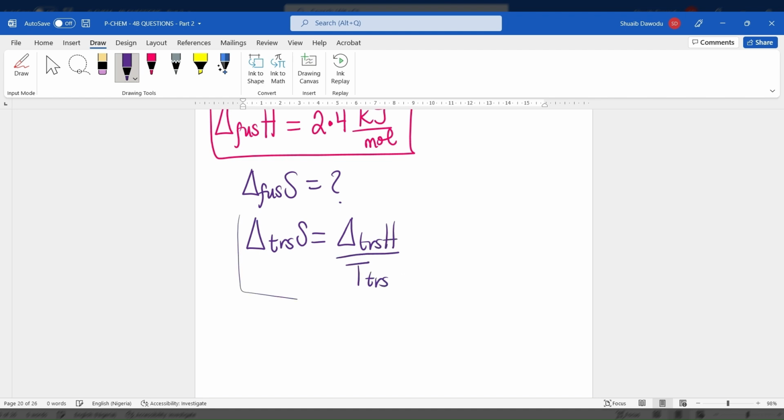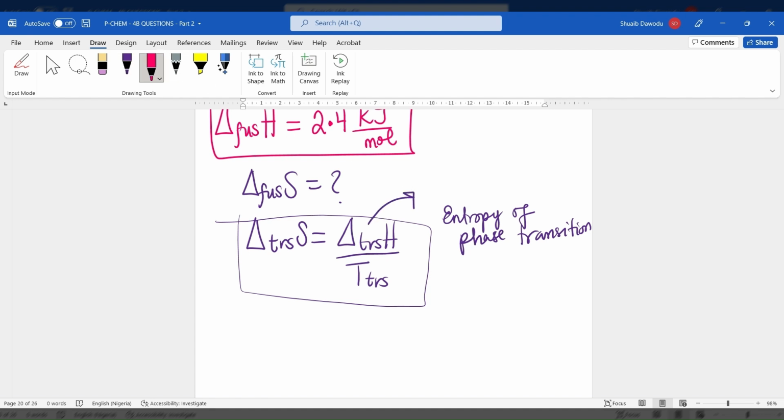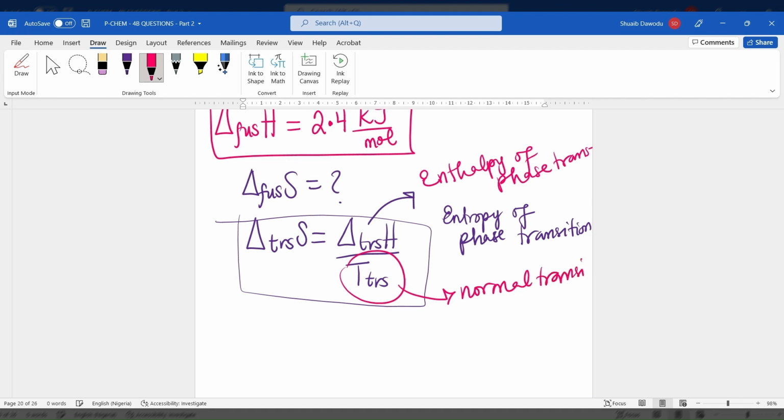So this formula right here is called the entropy of phase transition, where we have in this place the enthalpy of phase transition, and we have this one, which is called the normal transition temperature.